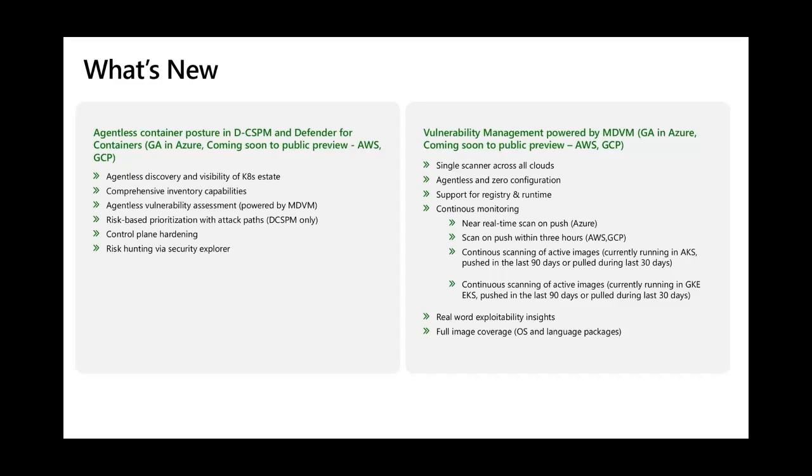So that would mean that we're using one single scanner to discover vulnerabilities in your container images for Azure, AWS, and GCP. This is also agentless and doesn't require any configuration on your end. And you'll see here that we're providing support for both registry and runtime results. And we've increased the scanning intervals here. And we'll take a closer look at what this looks like in the portal.